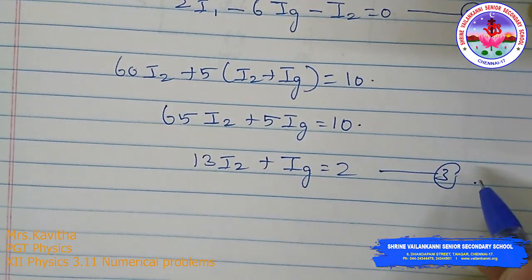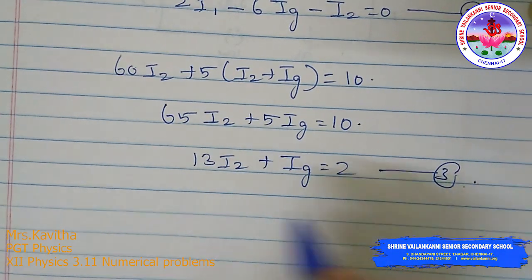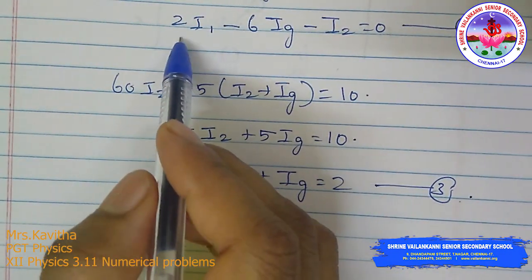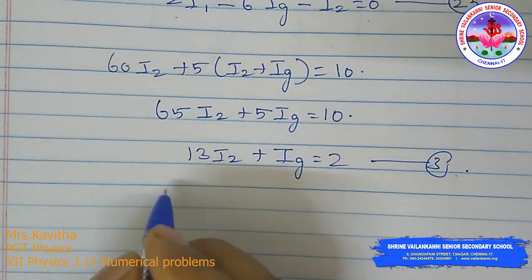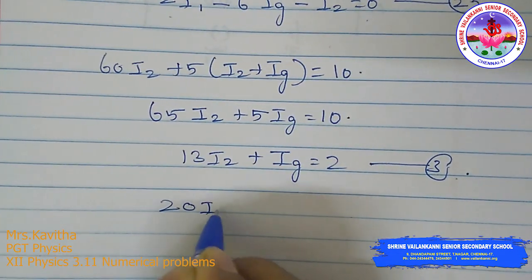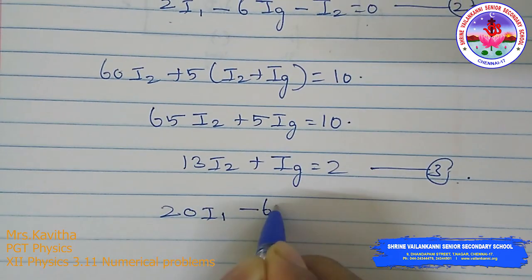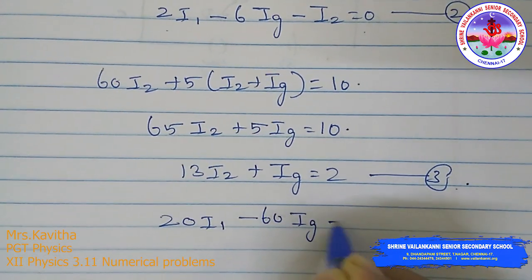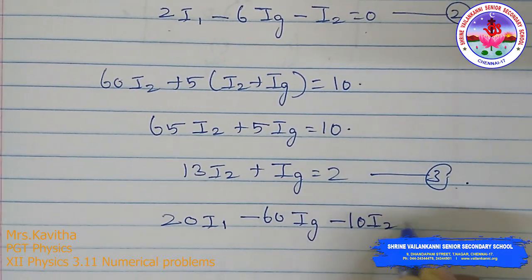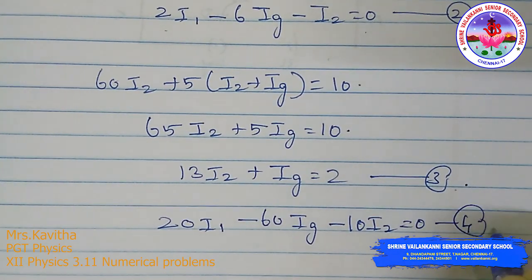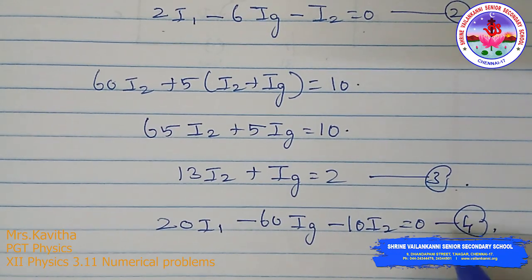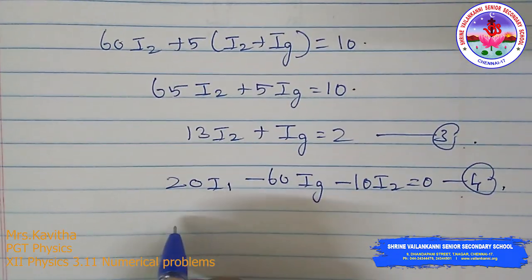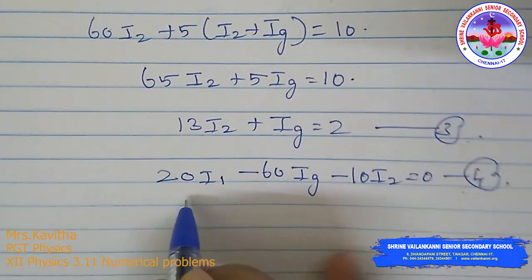Now we multiply equation 2 by 10 for convenience. We will get 20 I1 minus 60 Ig minus 10 I2 equal to 0. Now we take the first equation and this one and resolve them.